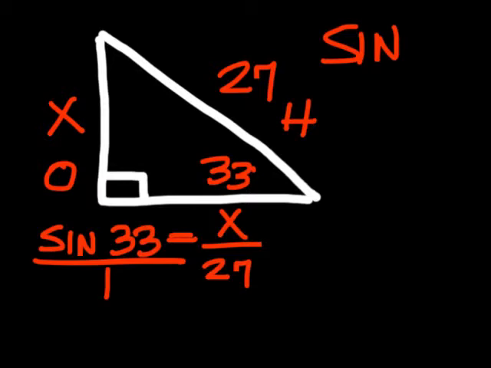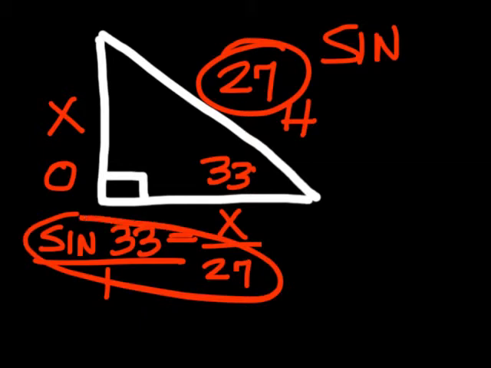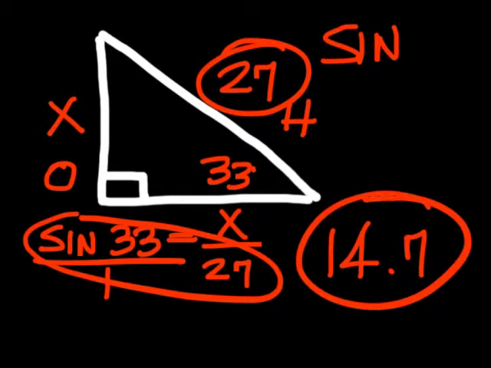And in a sine problem where you know the hypotenuse, all it is is simple multiplication. Just multiply those two things together. Find sine of 33 first, and that's 0.54463, and then multiply it by 27. Round to the tenths place, and you come up with 14.7.